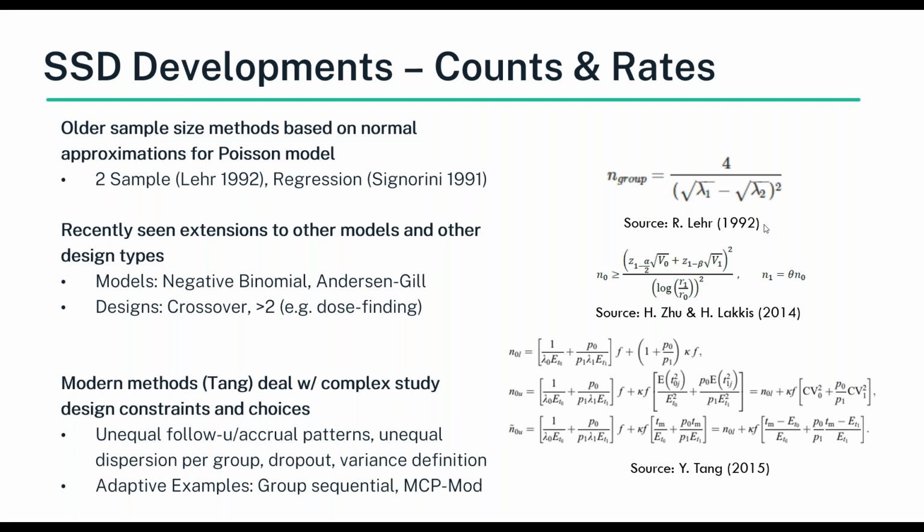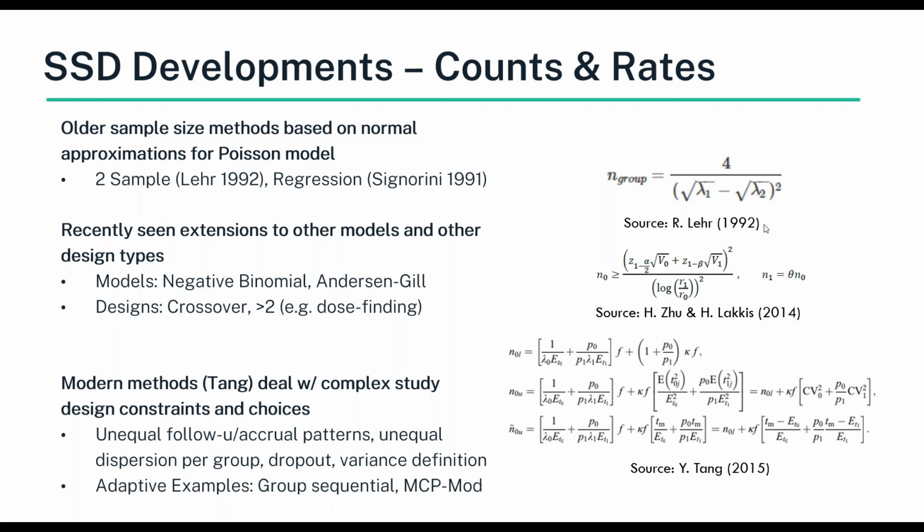The work of Tang in particular has been very important in terms of taking methods which are already commonly used in survival analysis and extending these to sample size calculations for counts and rates. So for example, if you want to have unequal follow-up patterns, unequal dispersion per group, dropout, or change the definition of the variance, then these are all options available under the methods that Tang has provided.